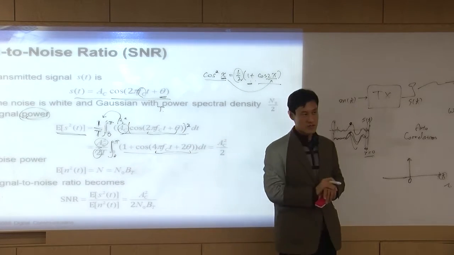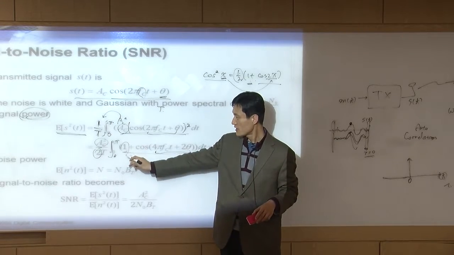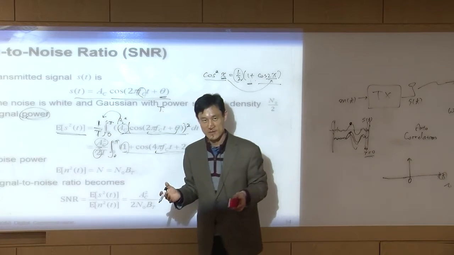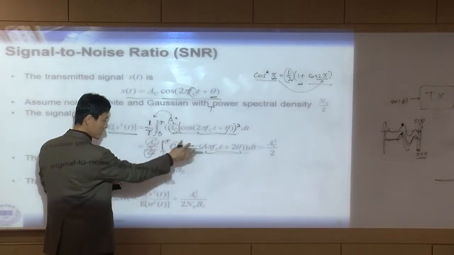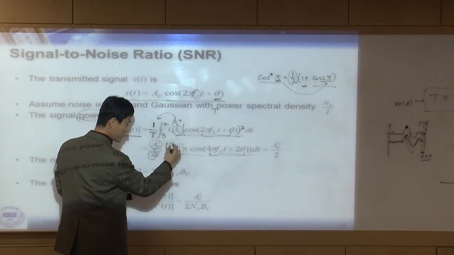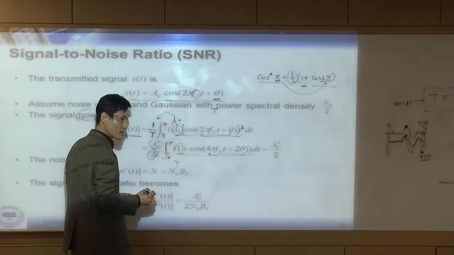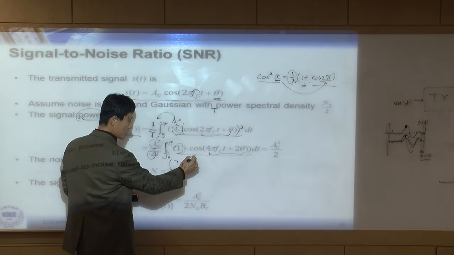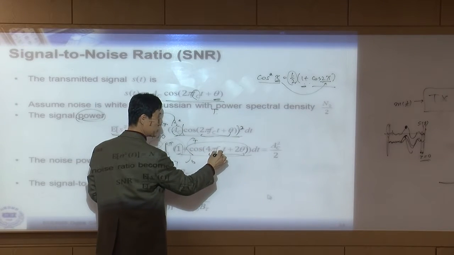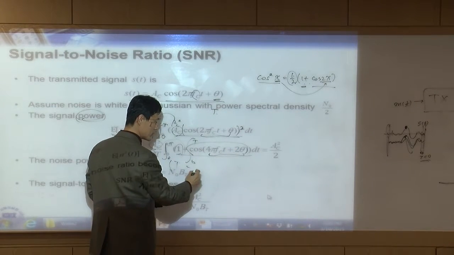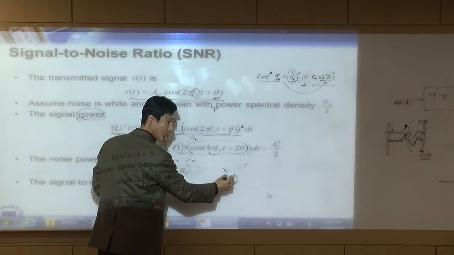Now let's take the integration. Integration of a constant just multiplies by T. Make it separate: from the integration of 1, we get T. What about the integration from 0 to T of cosine 2x? We're going to get 0.